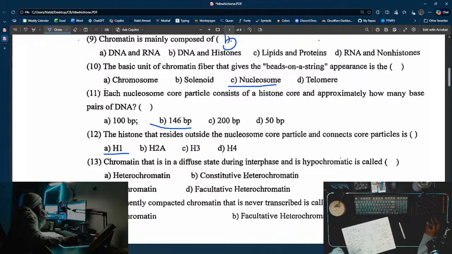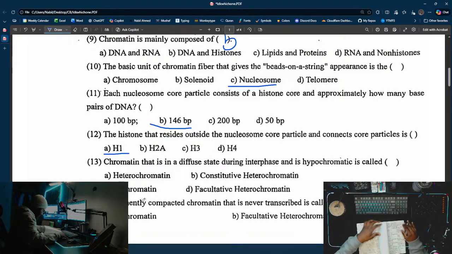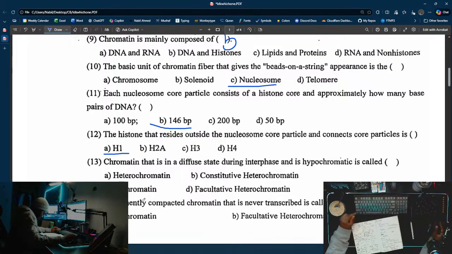The chromatin that is in a diffuse state during interphase and is hypochromatic is called euchromatin. Yeah, I'll double check. Yeah, it's euchromatin.